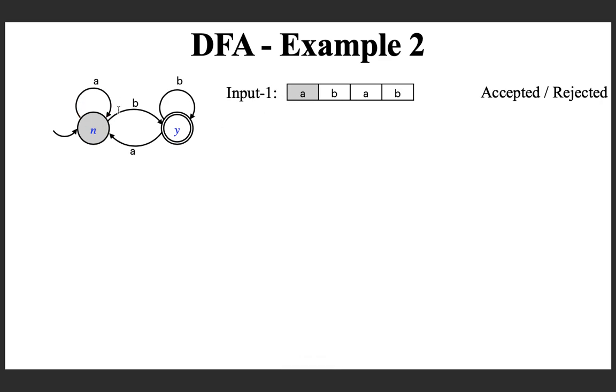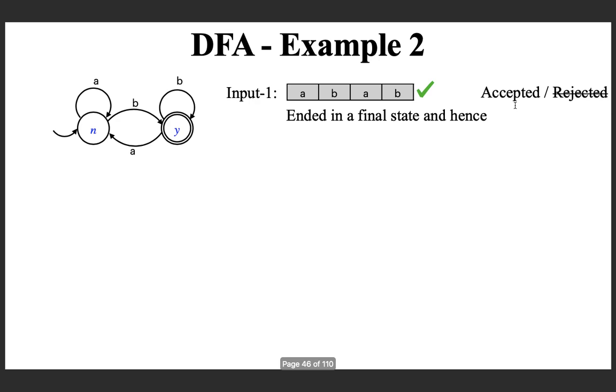Next is B. You have to travel along this transition. And next is A, so you take this transition, coming back to N. And now the last symbol, which is a B, you go right to Y and you finish reading there. By the acceptance criterion, because you finished in a final state, you are accepting.